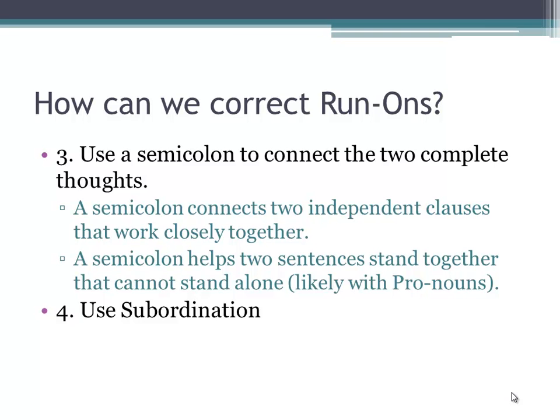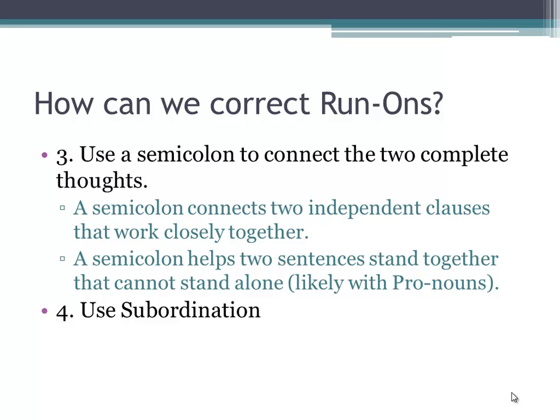The period on top is telling you this is a full sentence, but I don't want to make it just stand alone. I want the second half to be a part of it. They have a relationship when you use a semicolon. Meaning if someone went back in and peer revised your paper, they couldn't break it apart. So you couldn't have one sentence in one area and one sentence in another. There's some relevancy that they need to be together. So that's why you would use a semicolon.